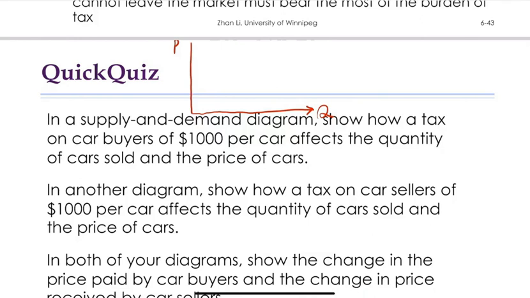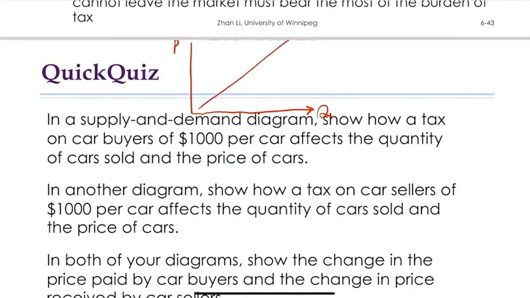The first case is the tax is imposed on car buyers. The second case is the tax is imposed on car sellers. I mean, we're talking about the car market, but the graph should be exactly the same as graphs in the ice cream market. But anyway, let's solve this problem, and we could practice with these tax policies.